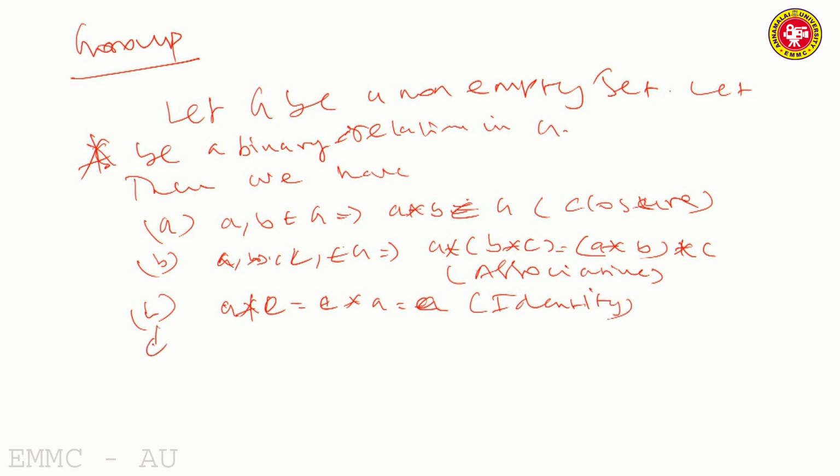Then our fourth property is A star A inverse is equal to A inverse star A, which is equal to E. There is a relationship between the identity and the inverse property. If this non-empty set G satisfies the above four conditions, then it is called a group.